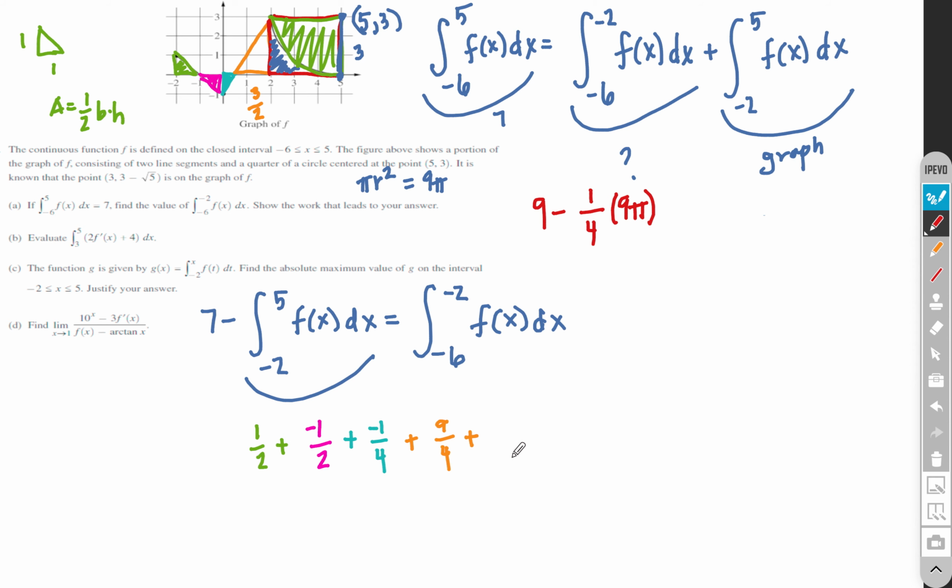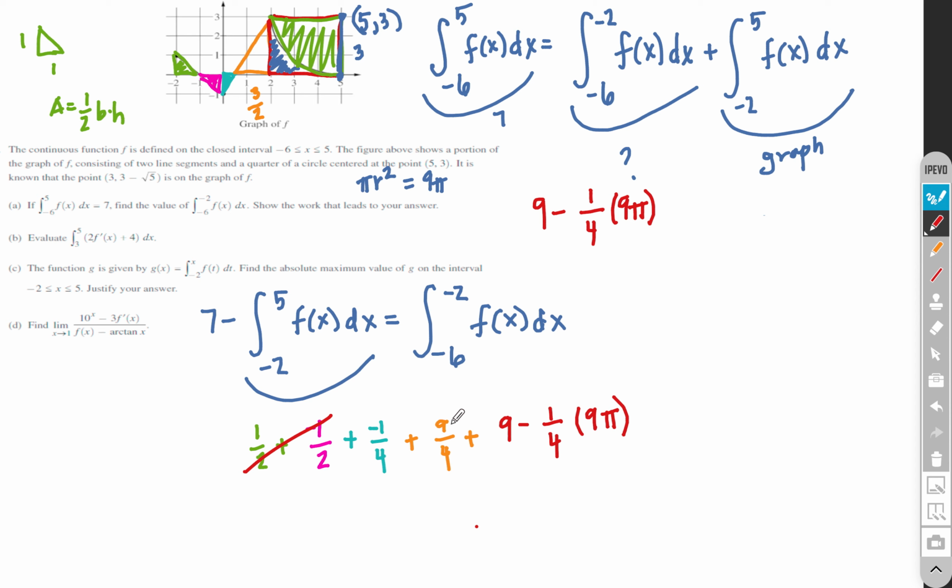So that is going to be the little piece underneath that portion of the circle. Plus 9 minus 1/4 times 9 pi. And from there we can simplify. 1/2 plus negative 1/2, those will cancel out. Negative 1/4 plus 9/4, just add the numerators.